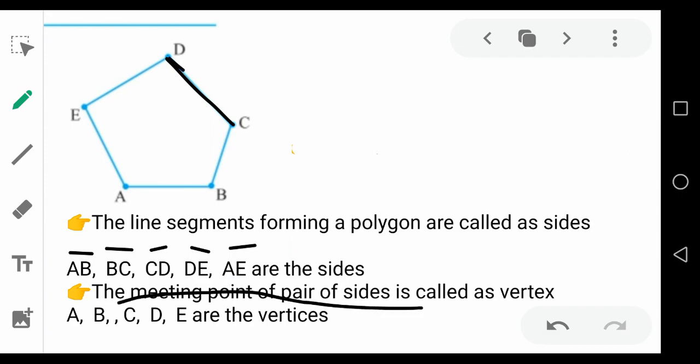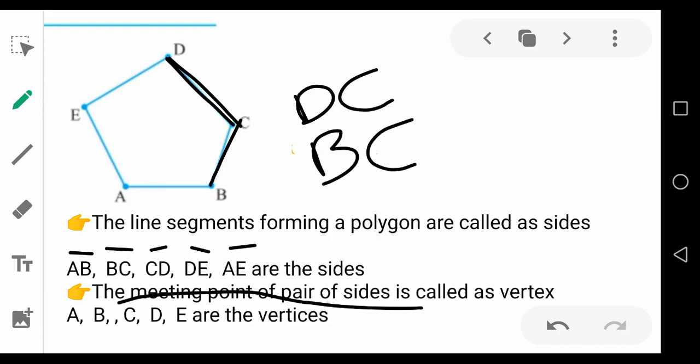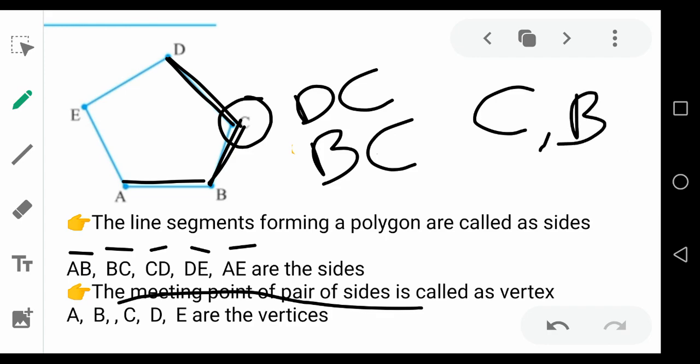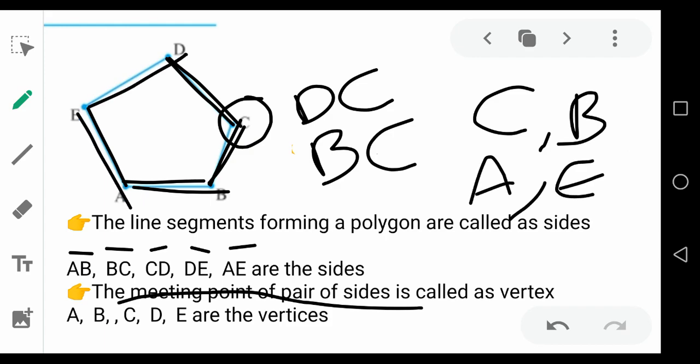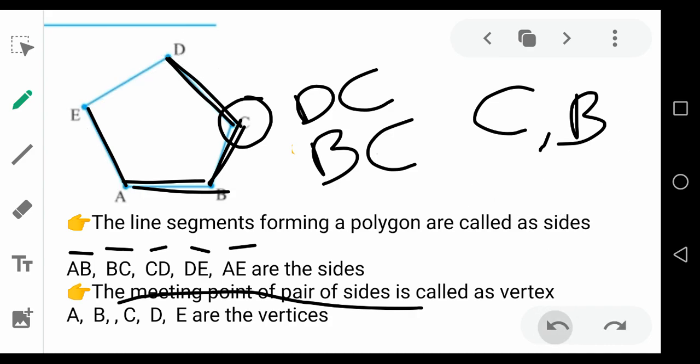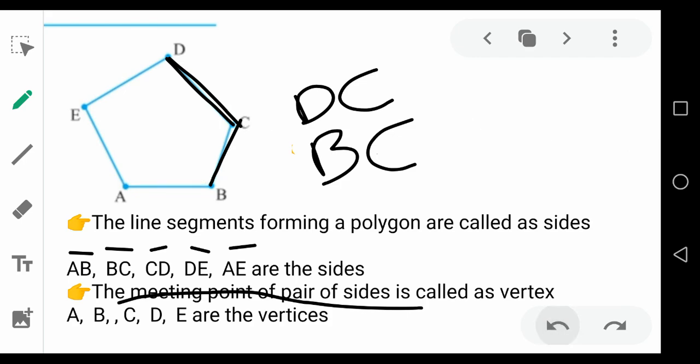So here these two line segments, that is DC and BC, are meeting at the point. Which point are they meeting? It is meeting at the point C. So C is a vertex. Then AB and BC, they are meeting at the point B. Then AE and AB are meeting at the point A. ED and AE are meeting at the point E. ED and DC are meeting at the point D. So all these points, clearly you can see from the figure itself, the meeting points of these line segments are called vertices.